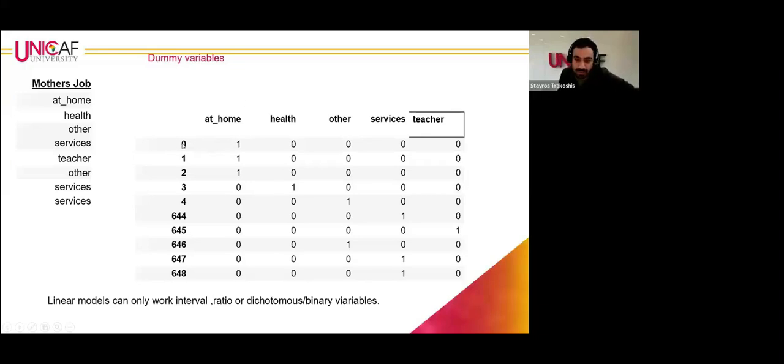It shows for every student what job their mother is doing, if they're staying at home, if they're working at health, if they're working at services, if they're teacher, or if they're other. So this person here, their mother works at home. So in this dummy variable, their mother gets a number 1, but in all other dummy variables gets a number 0. So each dummy variable shows group membership for a specific level.